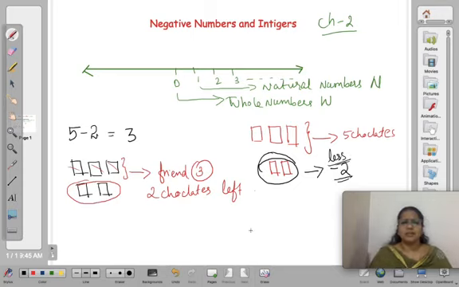One more example: if you have a 10 rupees note, and I told you to give 15 rupees to your friend, is it possible? No, you have only 10 rupees with you. Then how can you give 15 rupees? How much rupees less? Yes, 5 rupees less. That means negative 5.